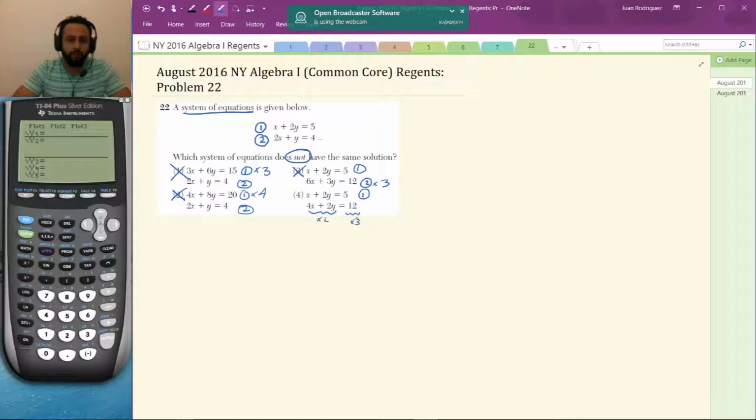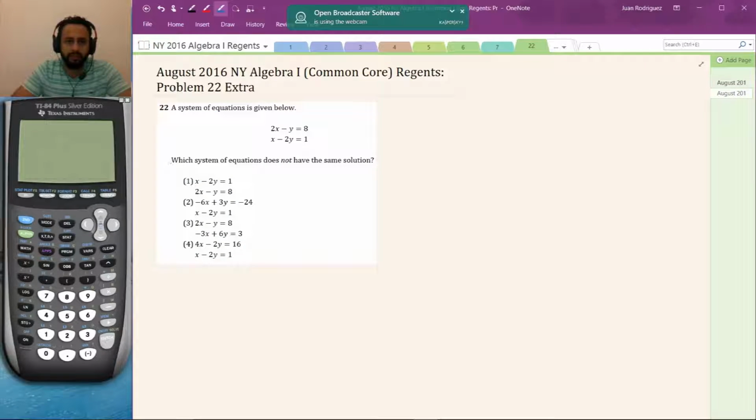That makes a totally different set of values that are solution sets to this equation. So this one likely does not have the same solution set. And since we've already verified that the other three systems are fully equivalent to the original, this one is not equivalent to that one.